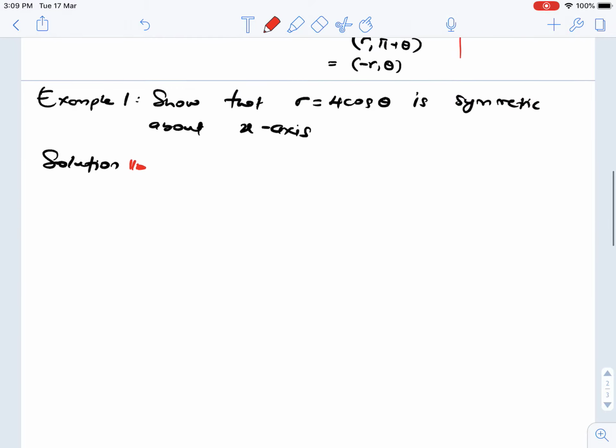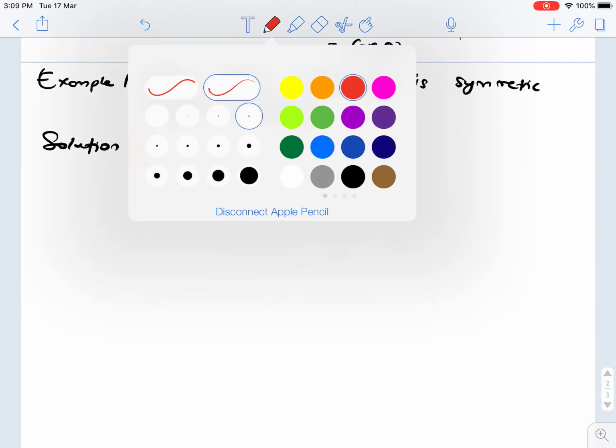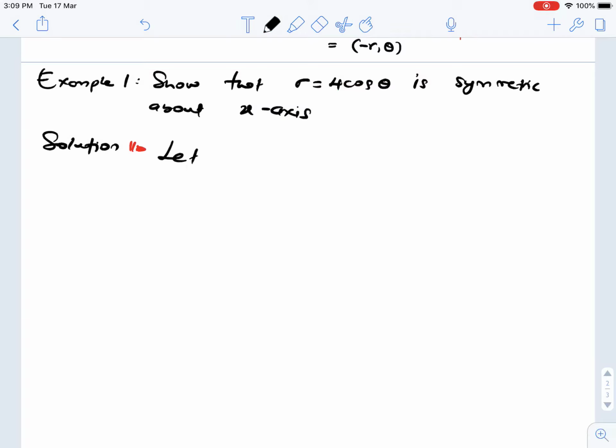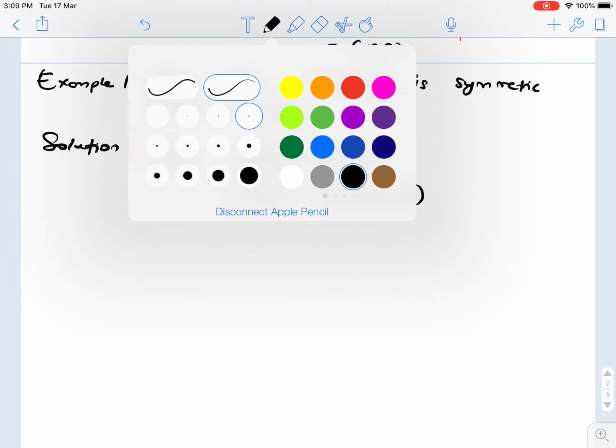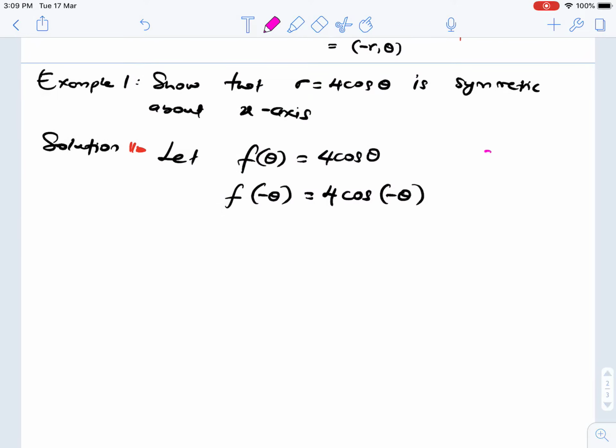So first of all, we let f theta equals to 4 cos theta. And then we need to find f negative theta. So we substitute theta with negative theta. Then we have 4 cos negative theta, like this. So basically, if you use your calculator now, if you calculate cos negative pi, you will get the same value as cos pi, right?